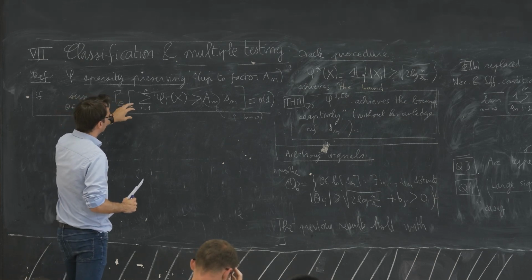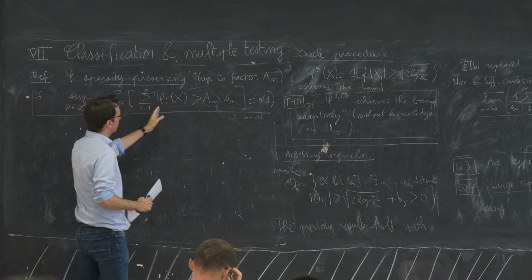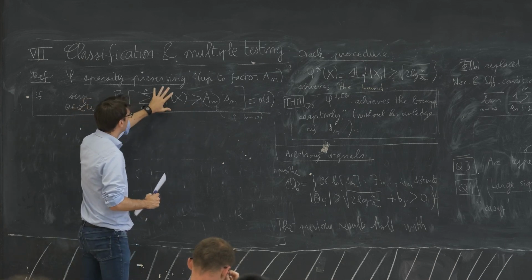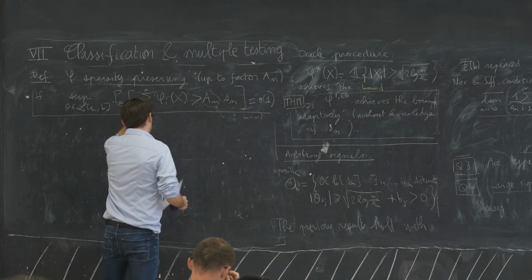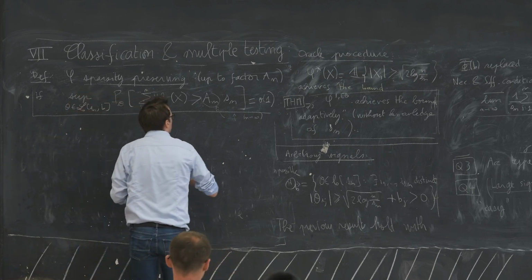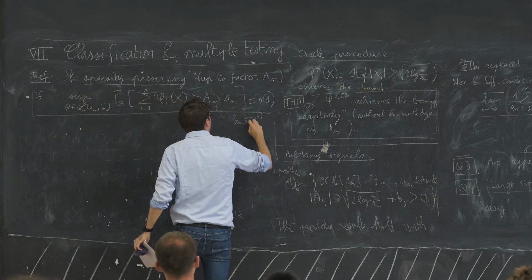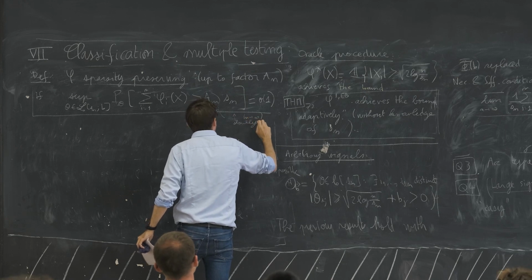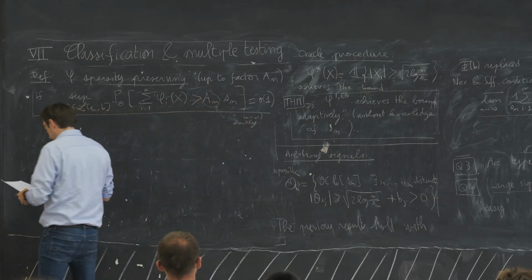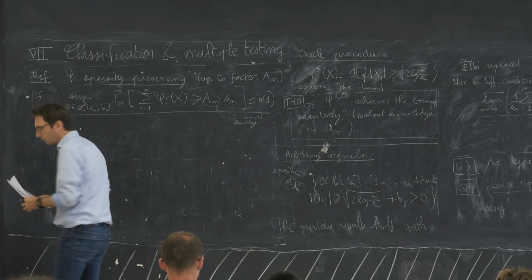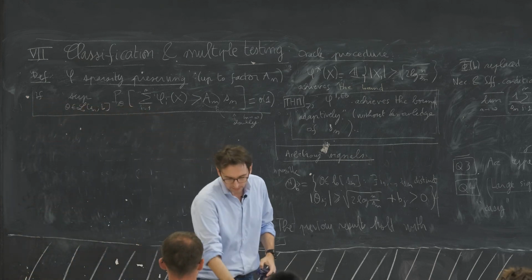Because in particular, the procedure that always gives 1 as an answer doesn't satisfy this, because here you get n, okay? So here you can allow slowly growing, like an exponential of square root log, something like this. So you can see it as a weak form of type 1 error control.